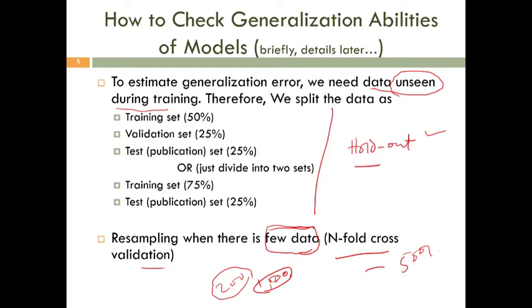But if data is small, usually people prefer that you go for the n-fold. And it also depends on other things we're going to clarify later. Like if you are working on a project that someone did before, maybe there's a published paper where they used n-fold cross-validation.